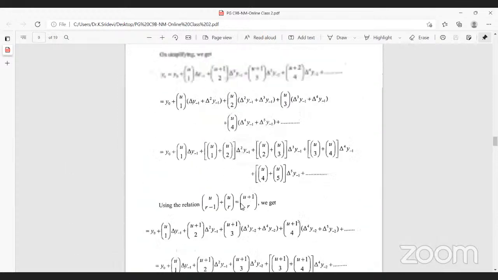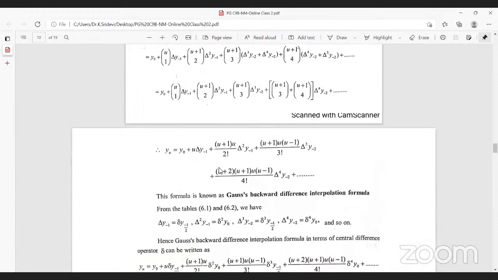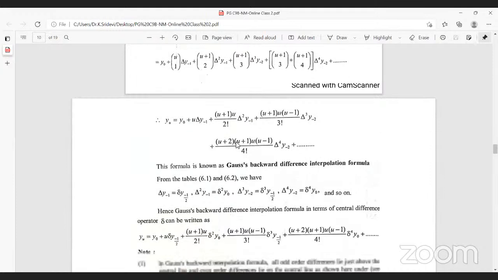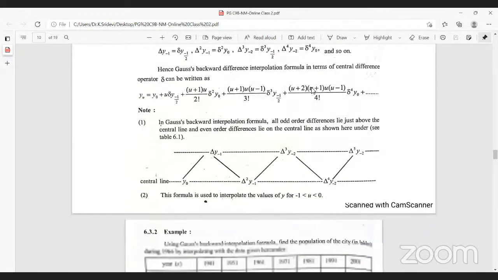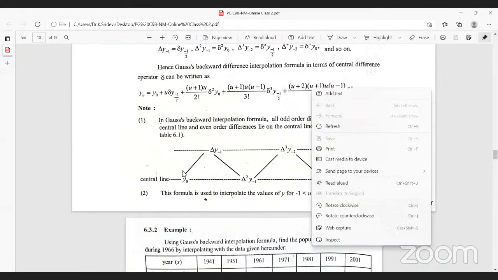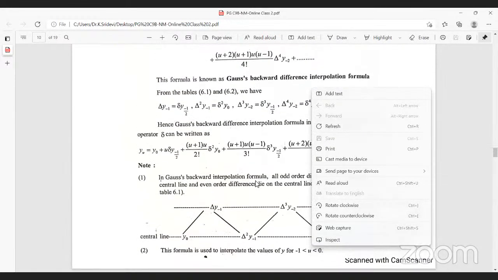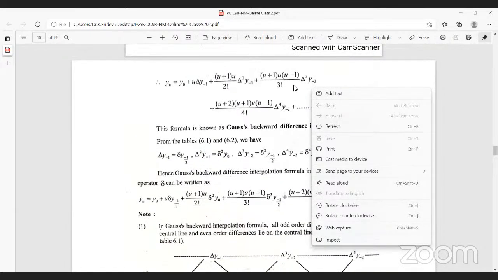So now you go to take the same expression, as this formula is nothing but Gauss's backward difference interpolation formula. Now observe this one. In this formula, the forward differences are delta y minus 1, delta square y minus 1, delta cube y minus 2, and so on. So that is y naught, delta y minus 1, delta square y minus 1, delta cube y minus 2, like this.